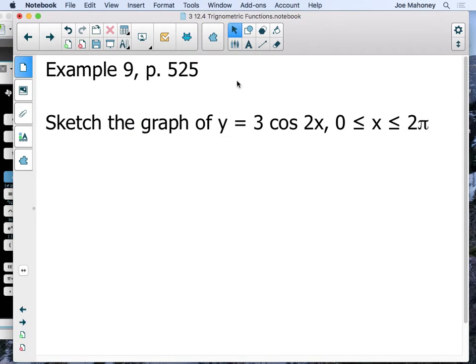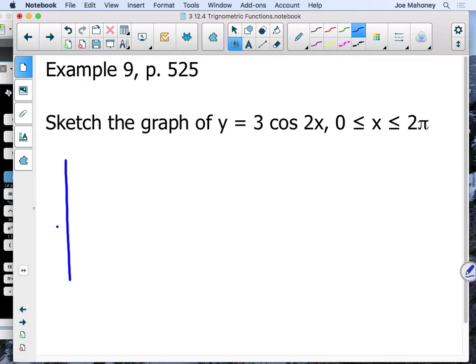Because if we want to take a look at example 9 on page 525, where we sketch this graph, knowing the amplitude and the period is very helpful. So from 0 to 2 pi, maybe our graph is going to look something like this. The amplitude is 3.